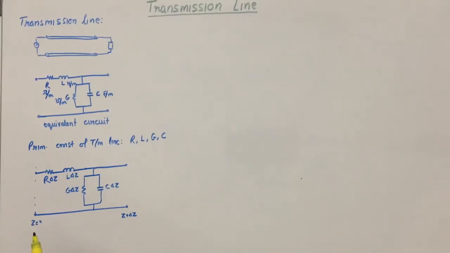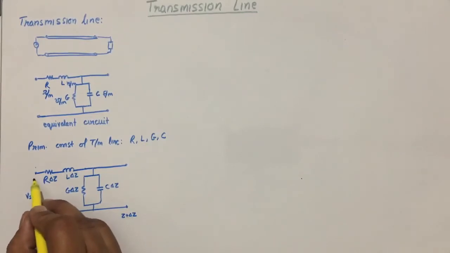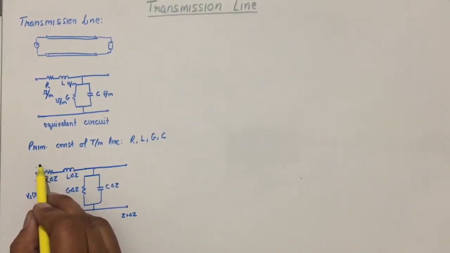So if we apply KVL by applying the voltage source, then the current that is flowing here will be Is(z).